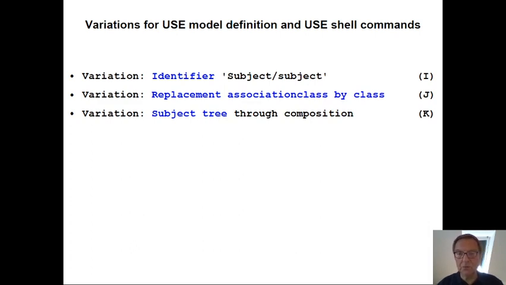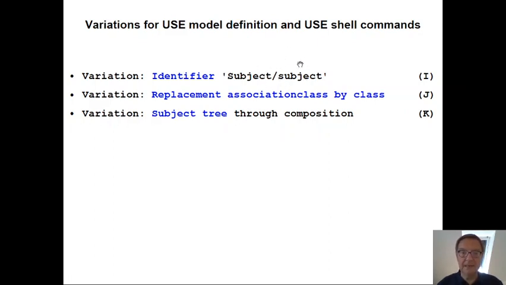And the second group of variations concerns the following. In the original model, there is one identifier, namely the identifier subject. Subject written with a capitalized S and subject written with a small s.